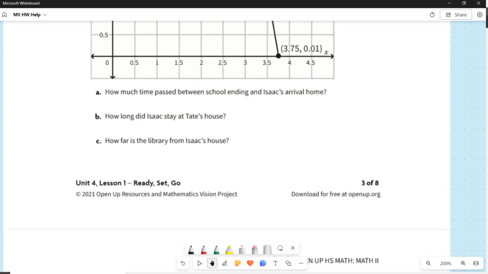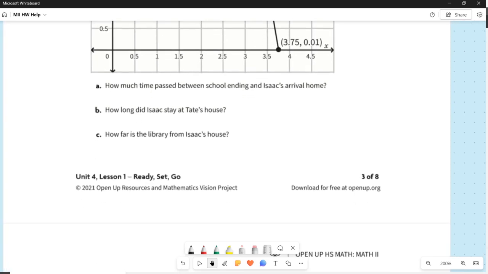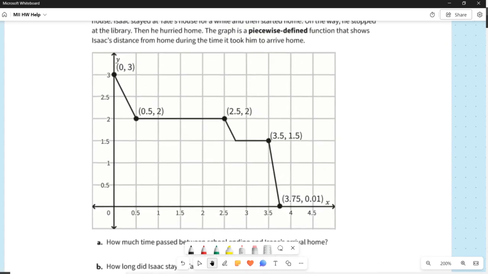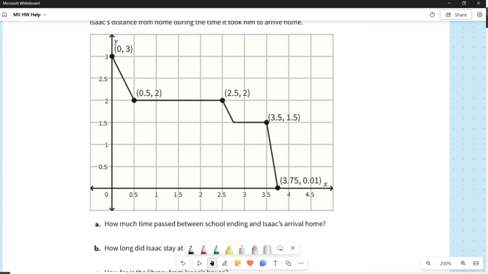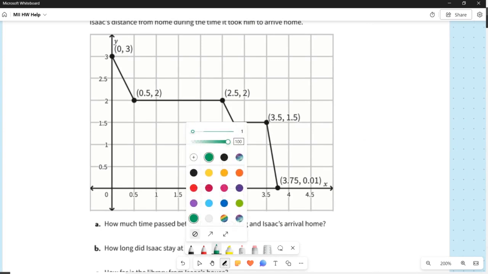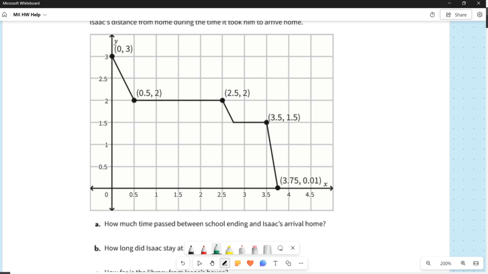All right. Part A. How much time passed between school ending and Isaac's arrival home? Well, when school ends, that's at time 0, right? And then when he gets home, time is 3.75.